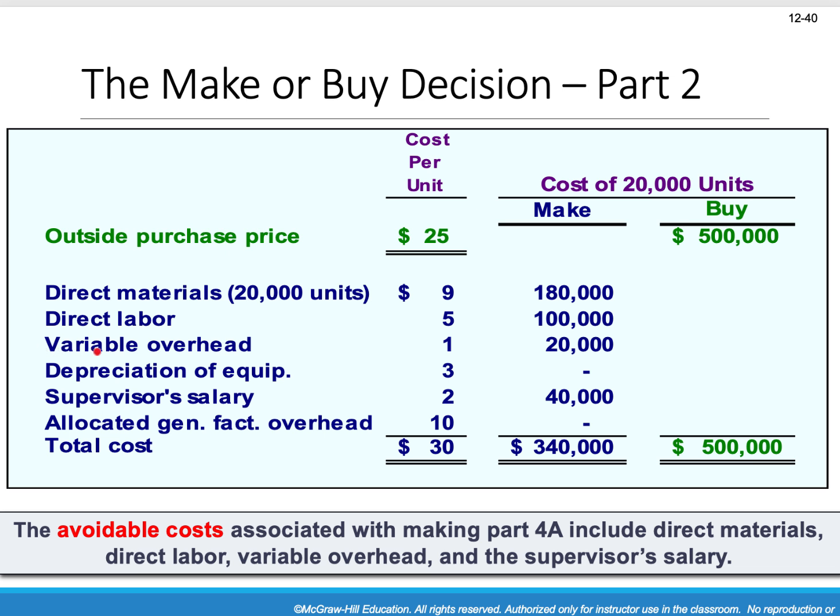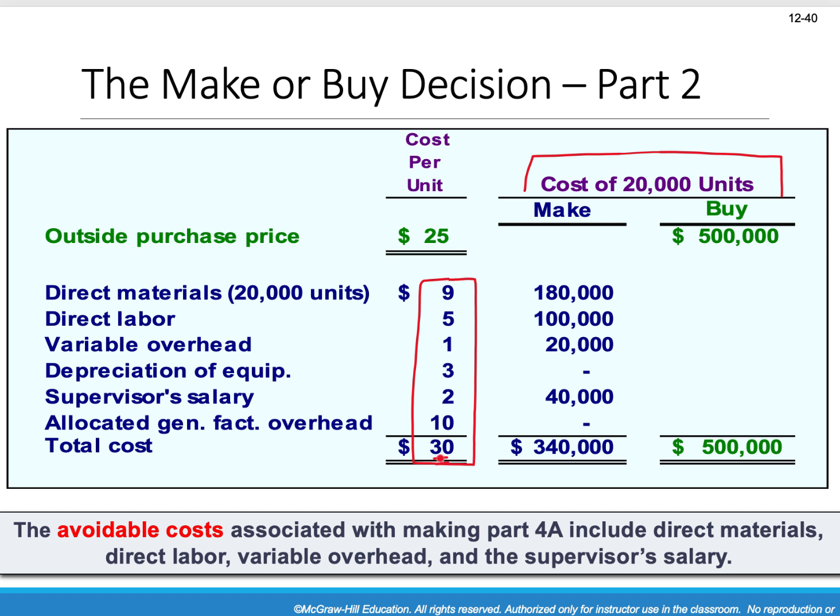Okay, so here's what we have right here. First of all, we're looking at the cost for 20,000 units because that's what we need. Okay, we have our internal costs, which add up to $30 per unit.